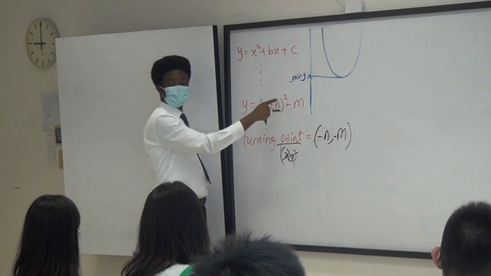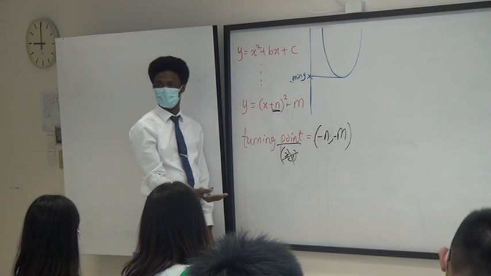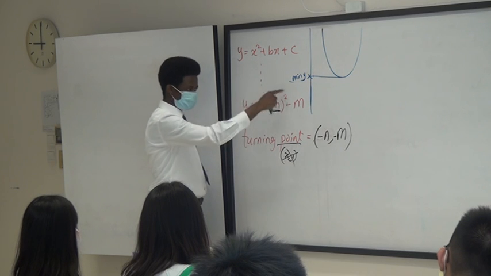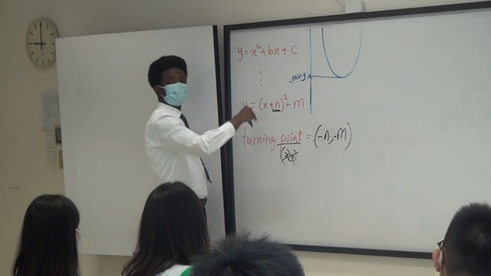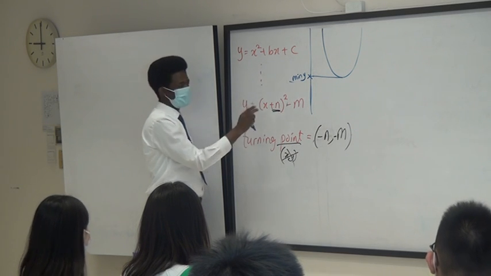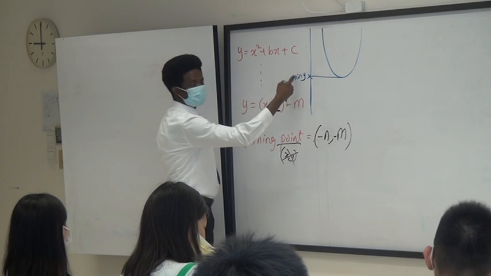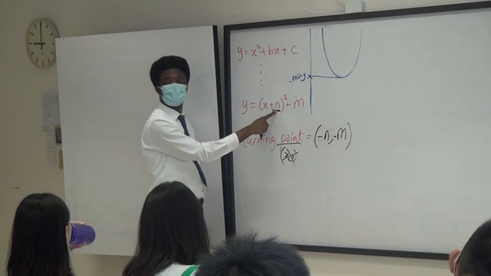Even if the bracket is minus 5, minus 5 squared is still plus 25. If this bracket is plus 3, the squared bracket will be plus 9. So y is going to be bigger if this bracket is not 0. You will get the minimum when this bracket is 0, and this bracket will be 0 when x is equal to minus n.